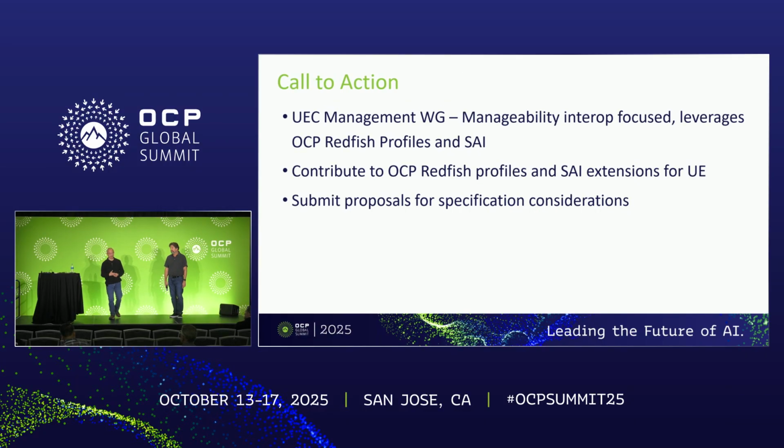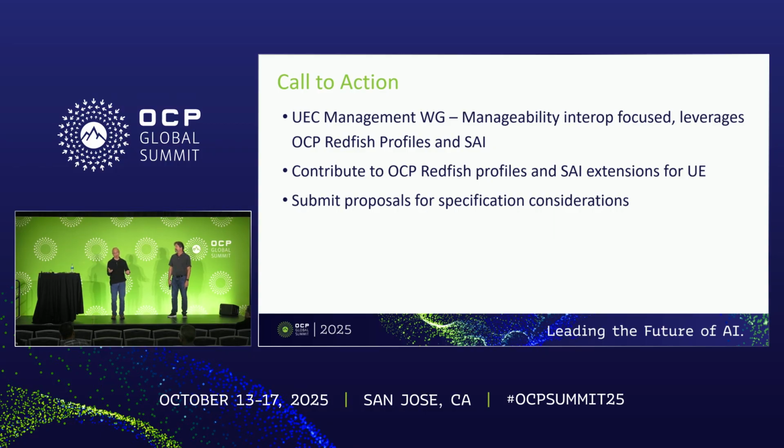Okay, and so call to action: UEC is yet a separate organization. It's got a management work group, which I chair. So we're having all these discussions. Currently, the UEC has released the 1.0 spec as of late last year. They will release 1.1, hopefully first time next year, and that will have a lot of the data as far as manageability.